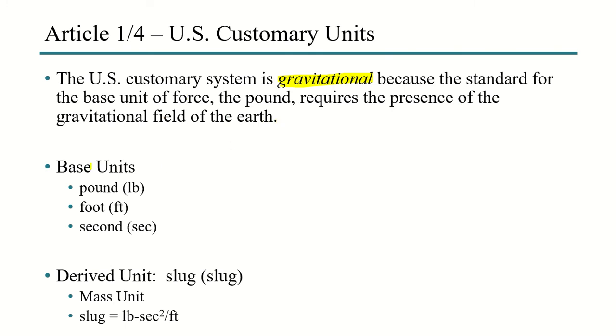Here come the base units, the pound, foot, second, and these are the symbols, lb, ft, sec. Then the derived unit is the slug. The symbol used is none, so we usually use the whole word slug or slugs. Then we have the mass unit, slug, equal to pound second squared per foot.